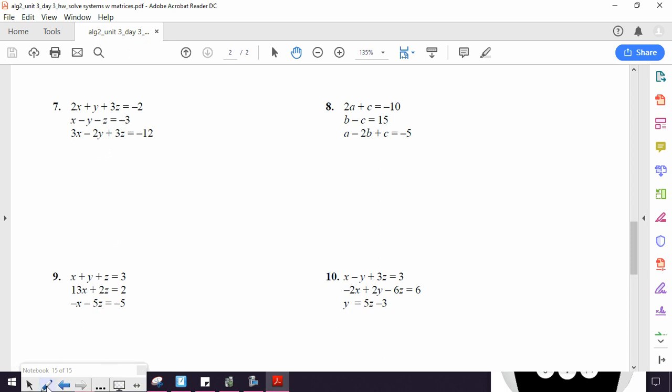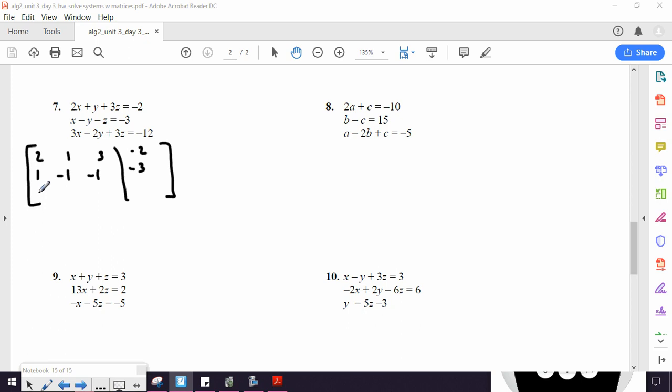Now we can write our augmented matrix. So the first row would be 2, 1, 3, negative 2. The second one would be 1, negative 1, negative 1, negative 3.